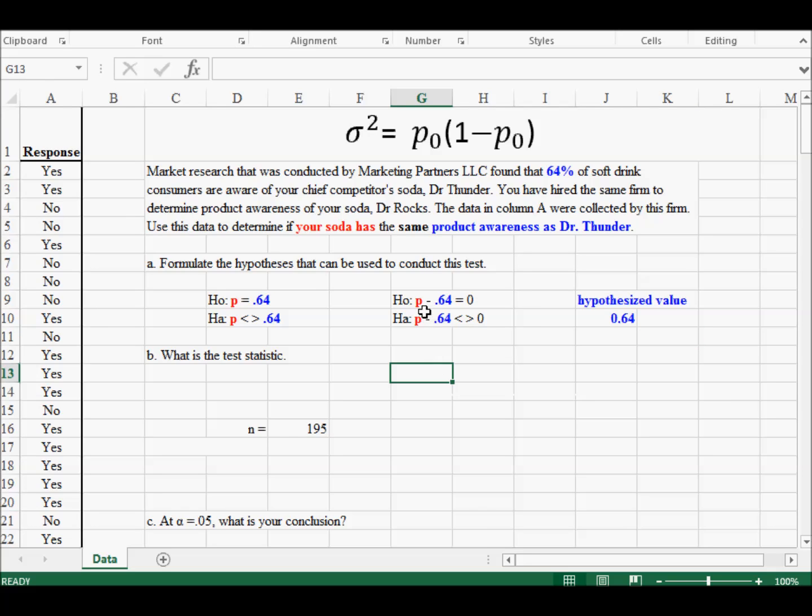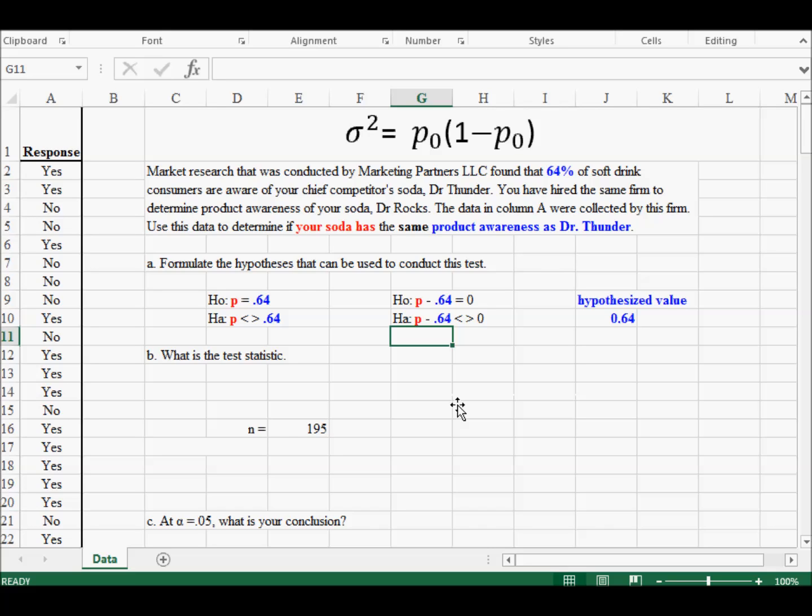The null hypothesis is that the difference between the population proportion and the hypothesized value of 0.64 equals 0. In the alternative hypothesis, the difference between the population proportion and the hypothesized value 0.64 is not equal to 0.